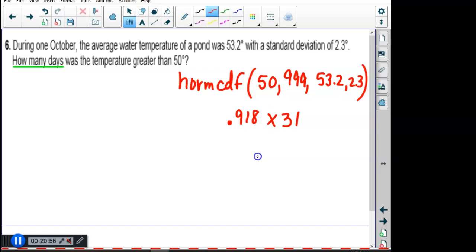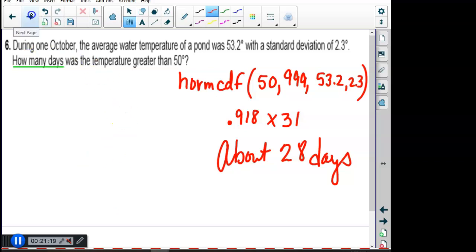So 0.918 times 31 days, around 28 days, somewhere. Okay. So most of the time it's still warmer than 50 according to this. I feel like Illinois, we never know, right?